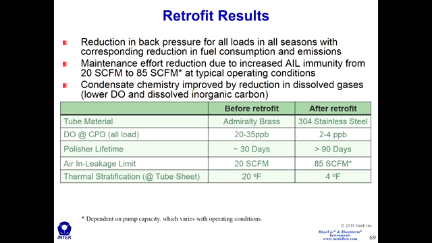The condensate dissolved oxygen dropped down to 2 to 4, so a factor of 10 reduction in the condensate dissolved oxygen. The polisher lifetime, the number of days that they went before pre-coating, increased from 30 days to 90 days, and their air in-leakage limit went from 20 to 85 SCFM.